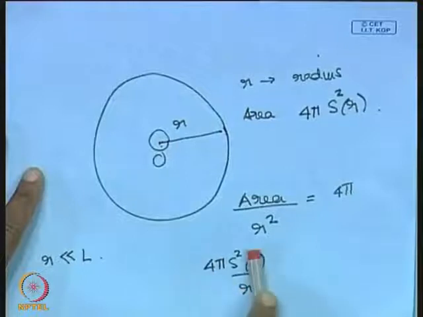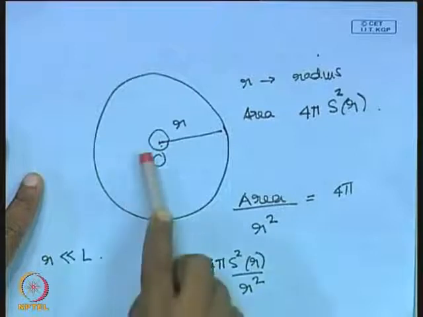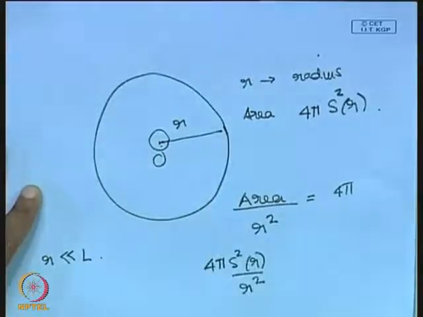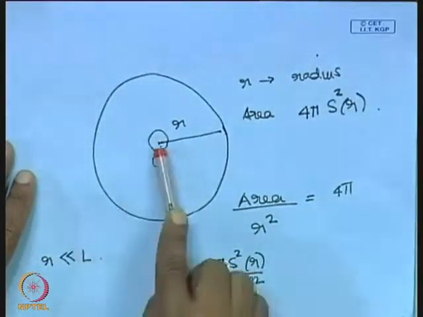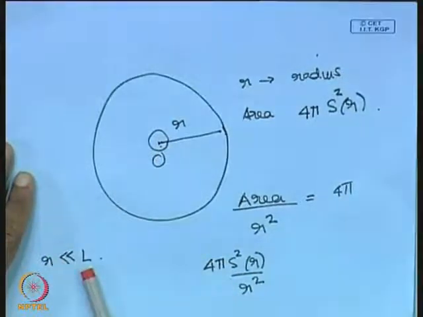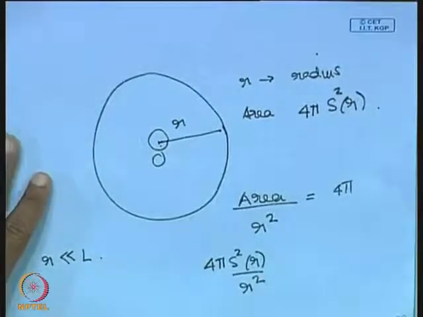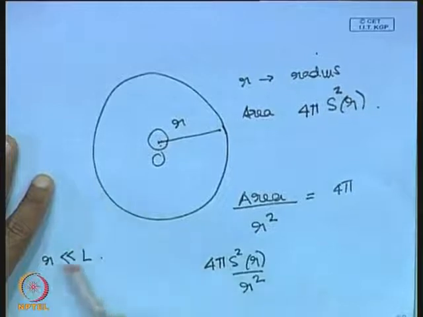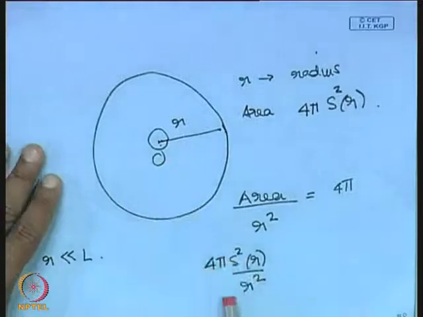So the ratio of the surface area to the radius squared is not a constant, it is a function of r. That is the way the curvature of space manifests itself, and this ratio becomes a constant when the radius is much smaller than the comoving radius of curvature. You recover the value 4 pi, but if the space is curved, as you approach the comoving curvature length scale, you have significant deviation in this ratio from the value 4 pi.